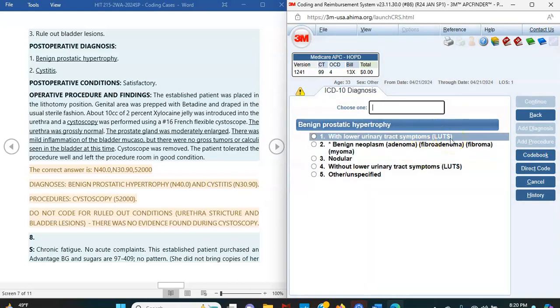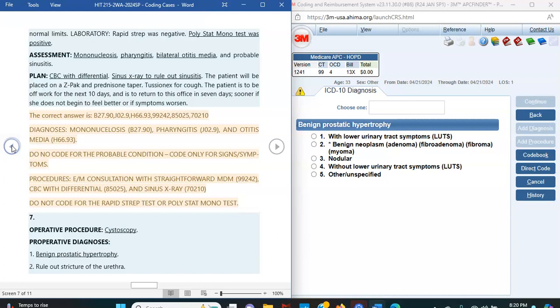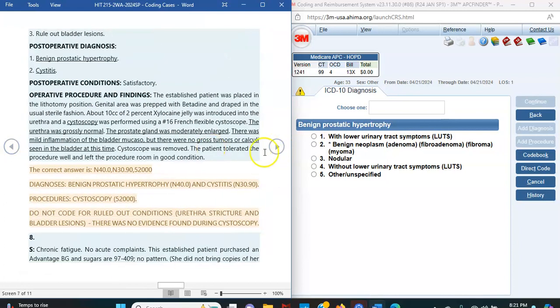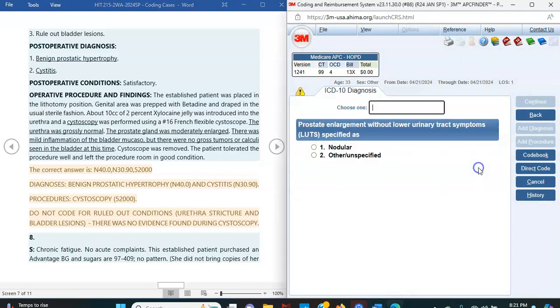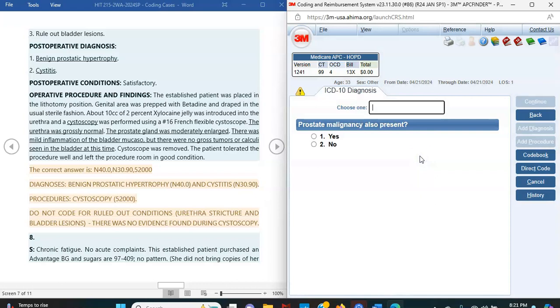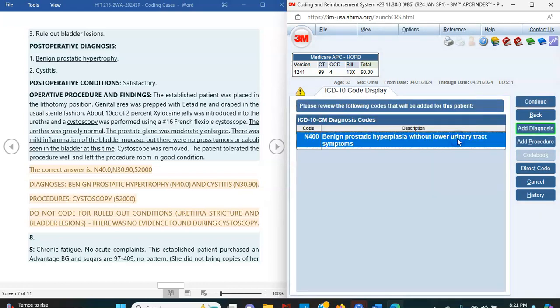With lower urinary tract symptoms. No, I don't think there was any mention of that. No, there was no mention of that on this report. So without, I'll say other, no, and no procedures. There's our code, N40.